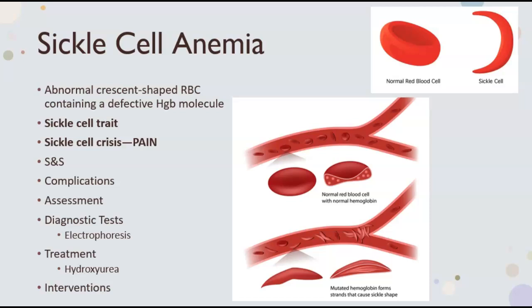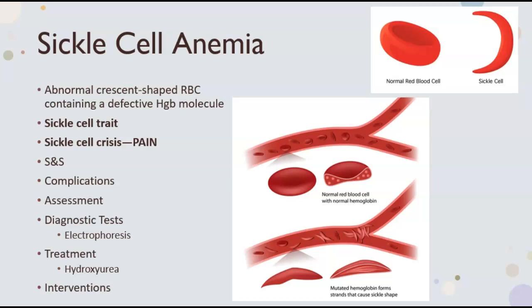Interventions are going to be hydration and analgesia during crisis. Dilution of the blood, that is going to increase the amount of fluid, and that prevents sickling. So they might get IV fluids. Monitor fever and infection. You want to avoid high altitudes, avoid dehydration, extreme temperatures, iced liquids, alcohol, and vigorous exercise.